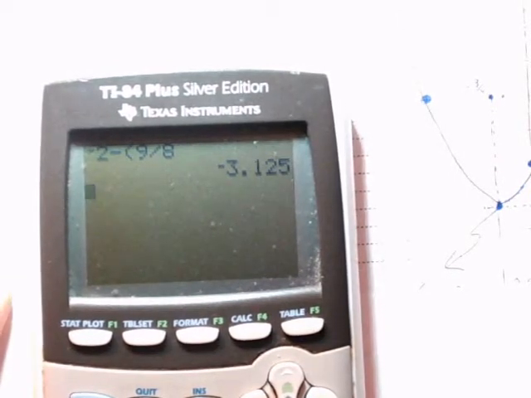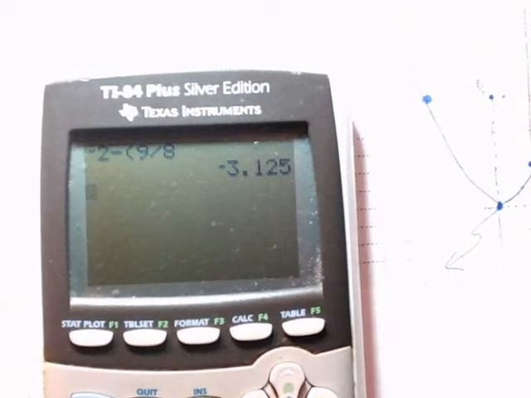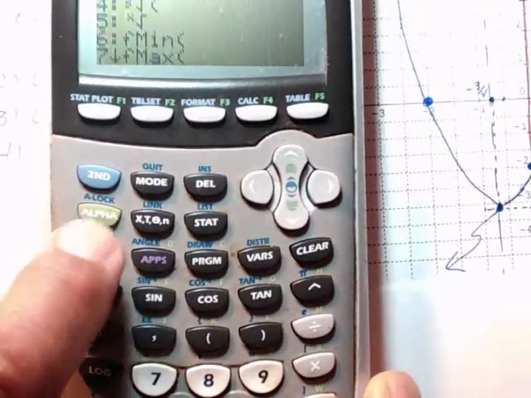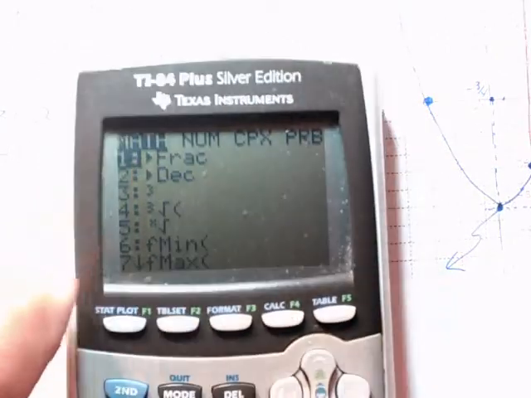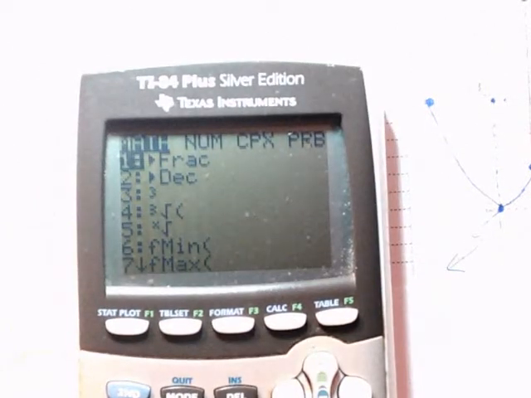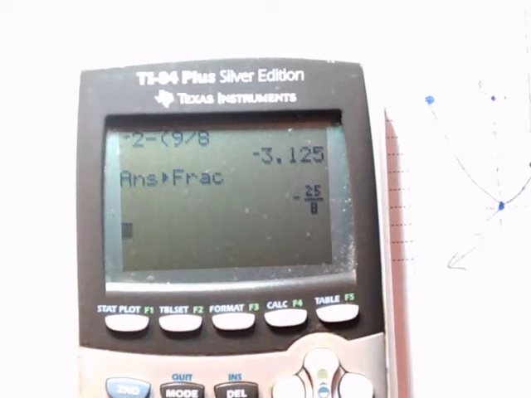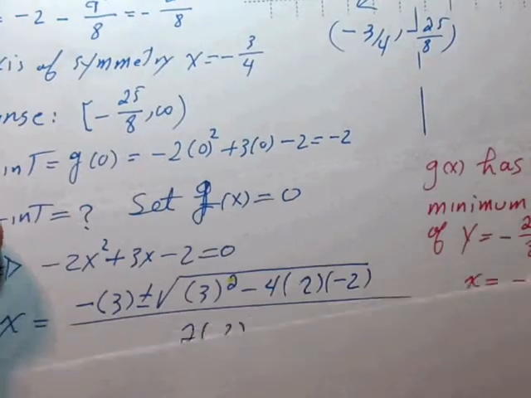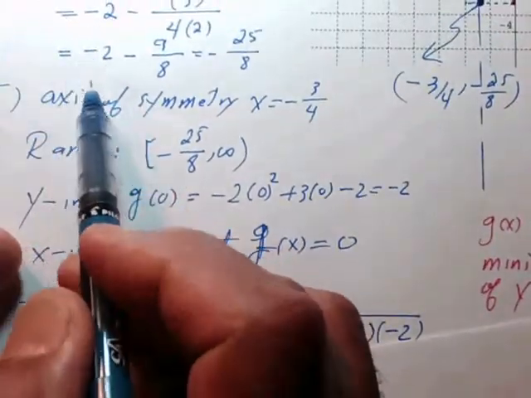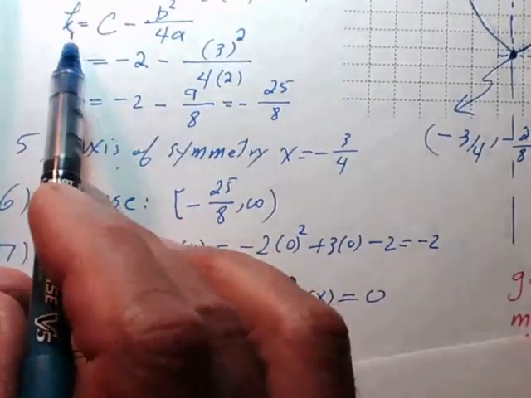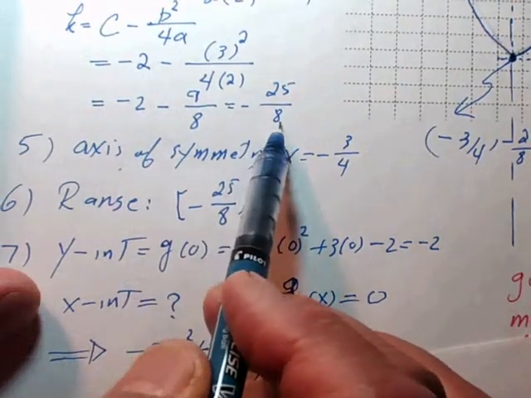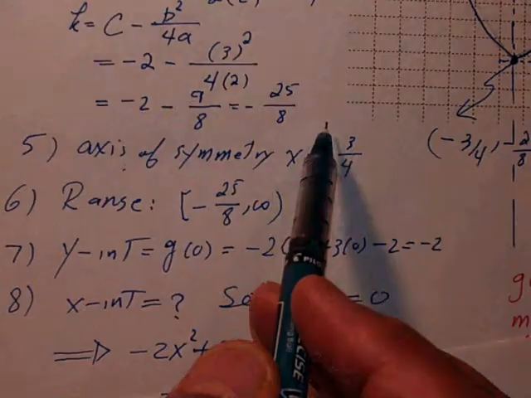I get that number, and if I want to change it to a fraction, I go to math, and then I use number 1. Number 1 means fraction. Then I press enter, and I get negative 25 over 8. And that's what I have. So k is negative 25 over 8. Okay.